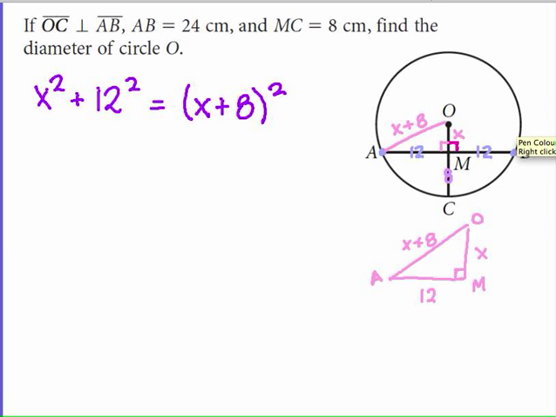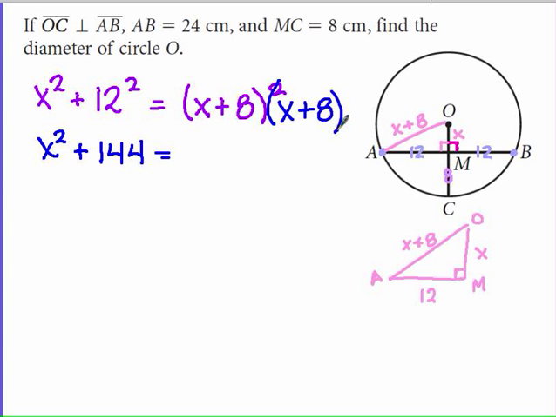Okay. I have x squared, which is just x squared. What's 12 squared? 144. Now with this x plus 8, what I'm going to want to do is write another x plus 8. And how do I multiply those together from last year? First, outer, inner, last. Yeah, FOIL. So I start with x times x, and I get x squared. x times 8, and I get 8x. x times 8, I get 8x.